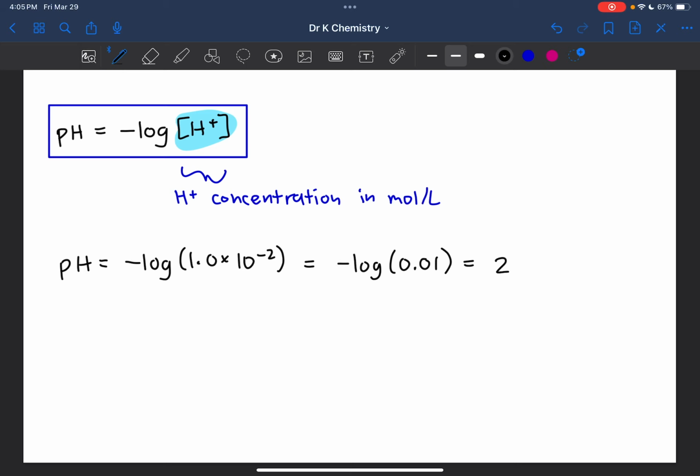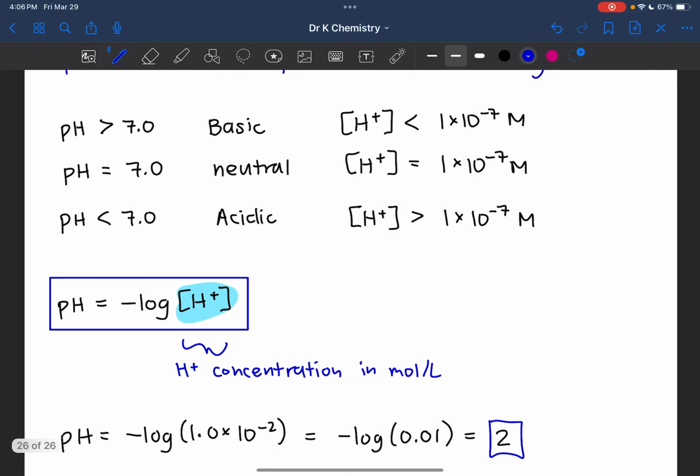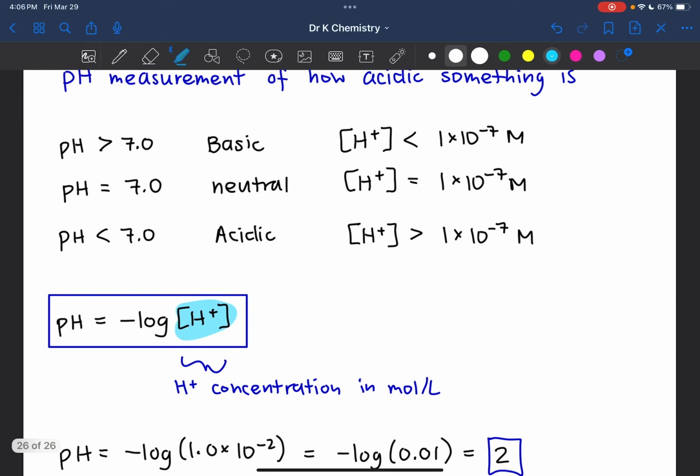And if you were to do that, you would find that the pH is 2. If you compare that to our scale here, notice that this pH is less than 7, so this solution is acidic. And that makes sense based on what we know about lemon juice. We know that it's acidic.